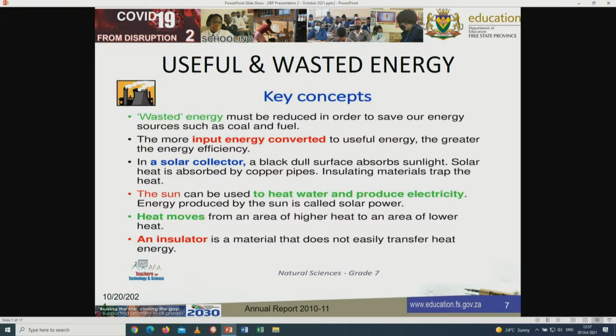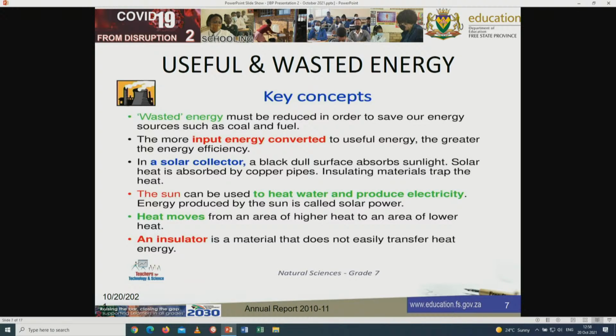By saving that energy, in other words, in return, we are saving our sources of energy, such as what? Such as coal and fuel. The issue of insulation. We must make sure that we save energy.